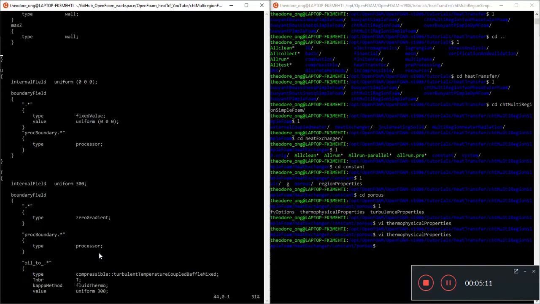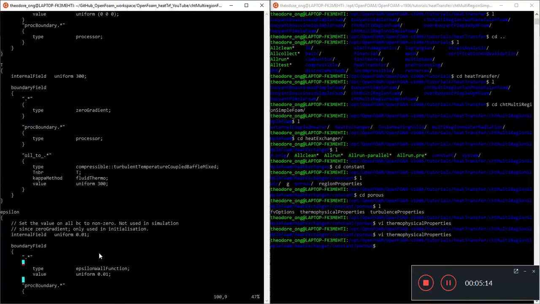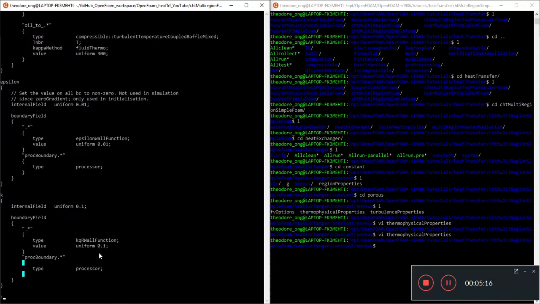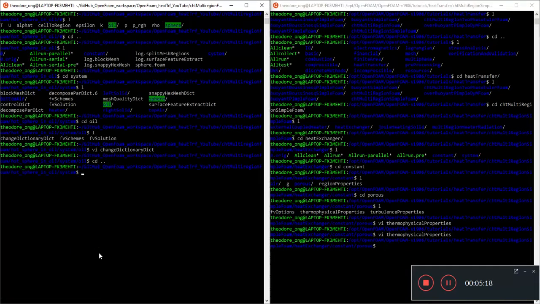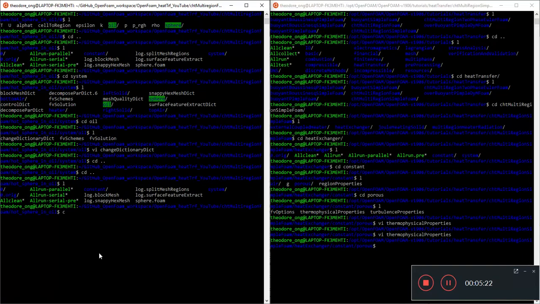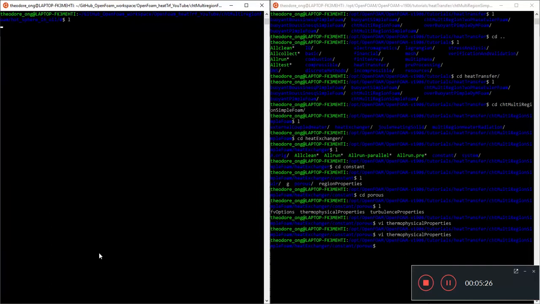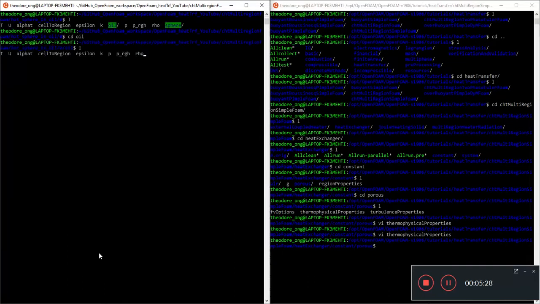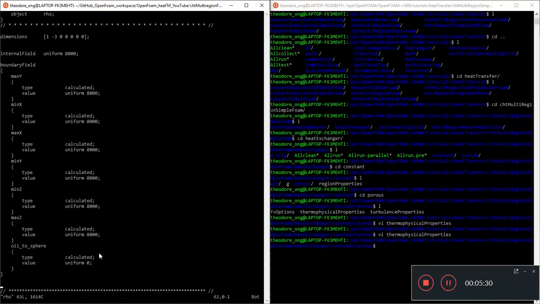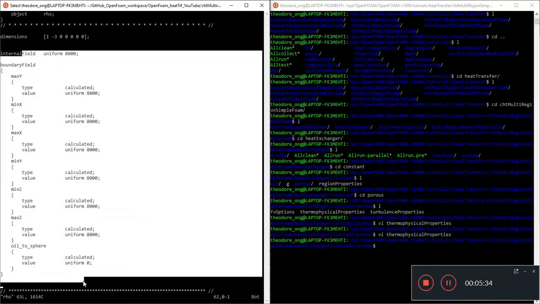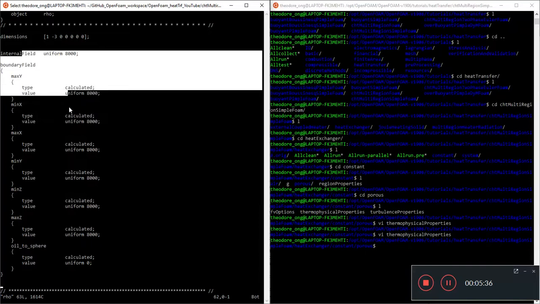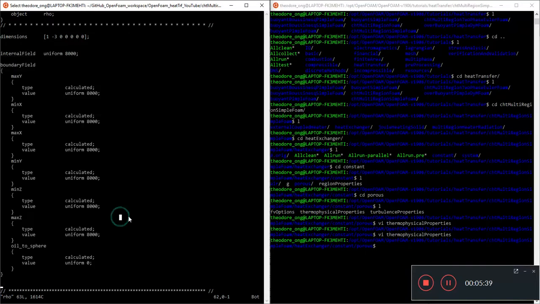Now what then is rho over there for? We can see that in the changeDictionaryDict, there is no change to the boundary condition in rho. So if we take a look at oil and the rho boundary condition, we see that the internal field is all uniform 8,000. What is it trying to say?